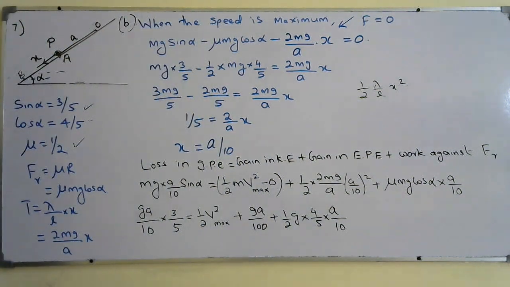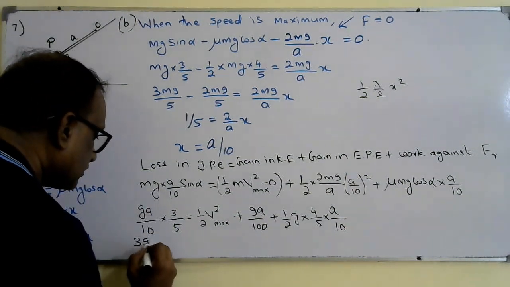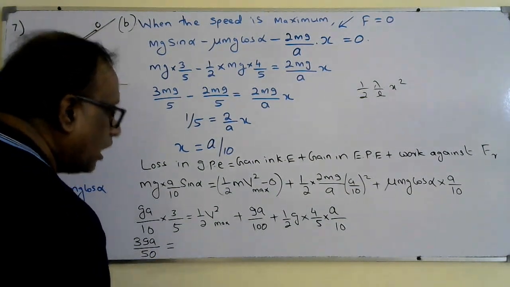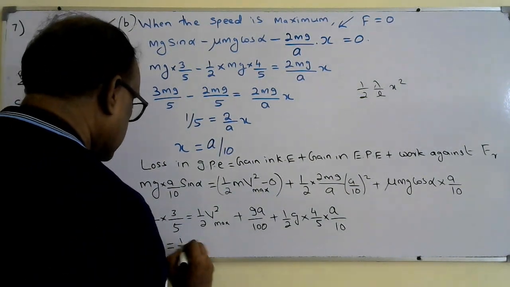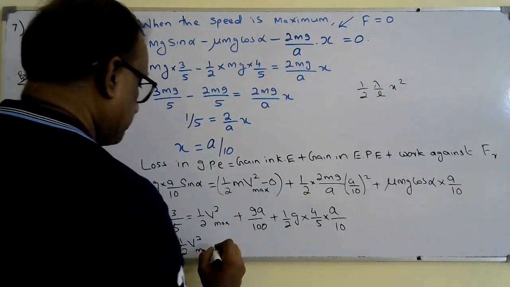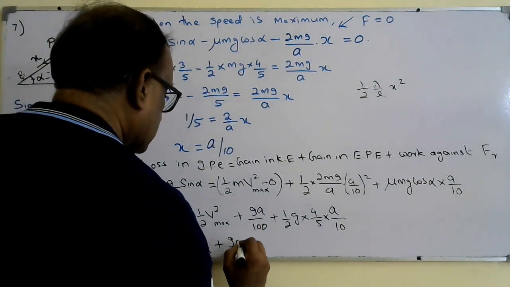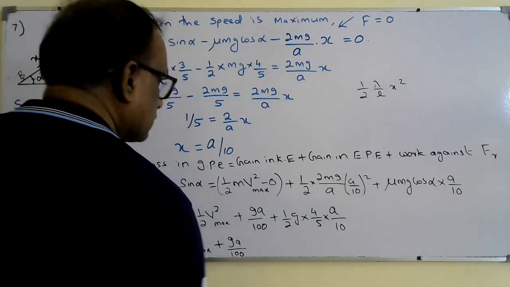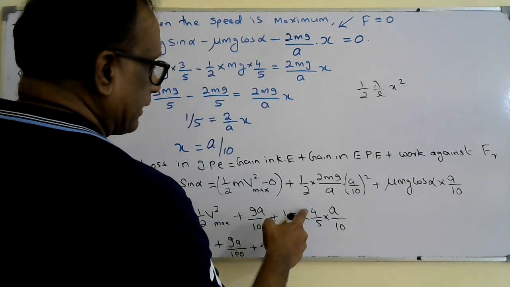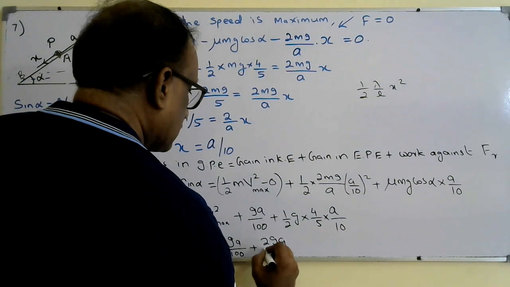Okay, so we'll continue further. It's going to be 3gA over 50 equal to half v squared plus gA over 100 plus half, this will become 2, so 2gA over 50.